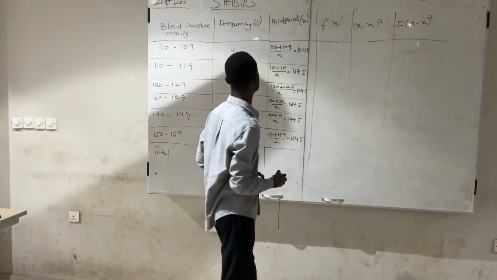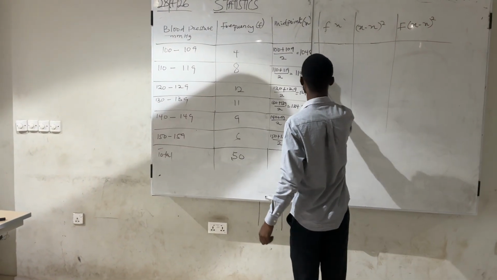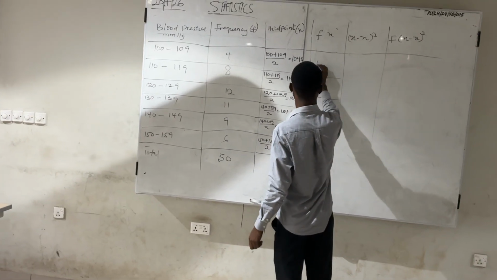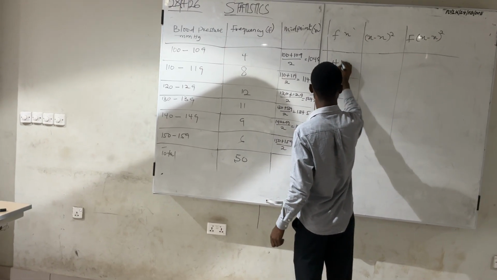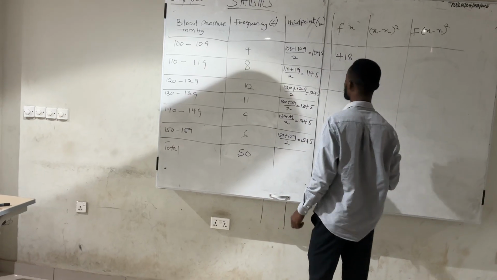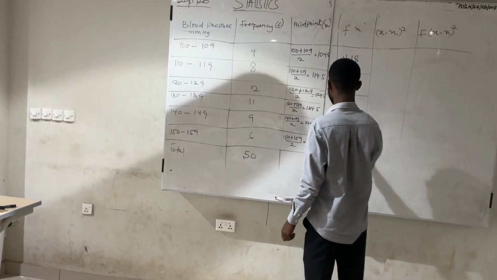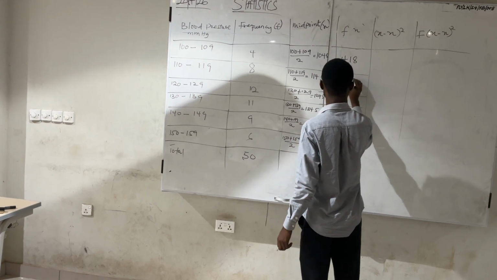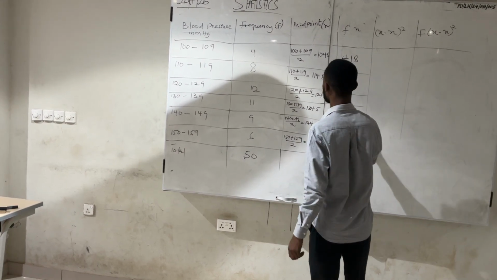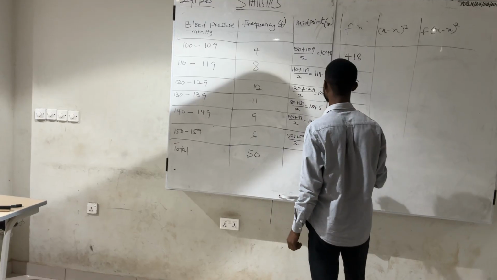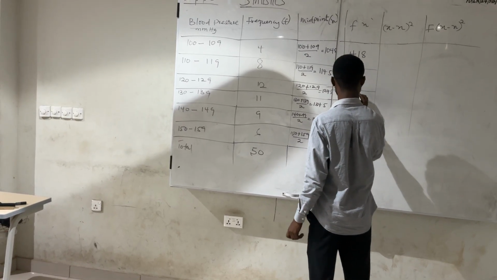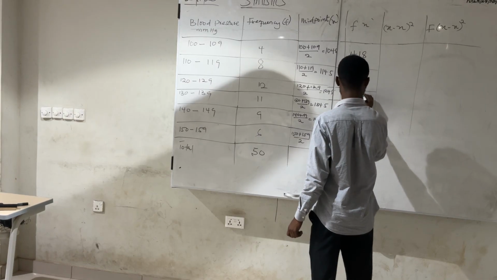So we have 4 multiplying 104.5, which is 418. Then 8 multiplying 114.5 gives 916. Then multiplying 12 by 124.5 gives 1494.